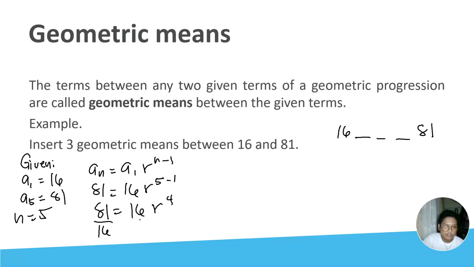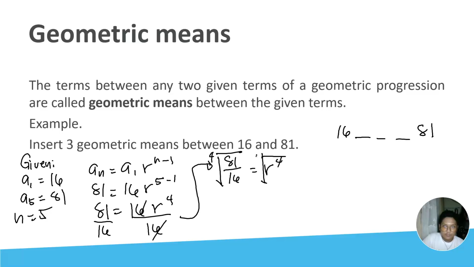Divide both sides by 16. Okay? Tuloy natin dito. 81 divided by 16. Okay, 81 over 16 pa rin. 81 over 16 equals r raised to 4. Okay, cancel ito. I-fourth root natin para ma-eliminate yung exponent na 4 sa r.